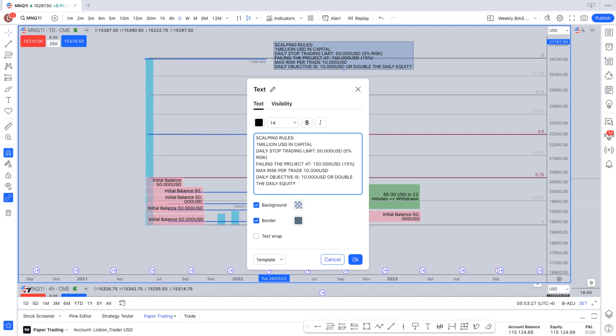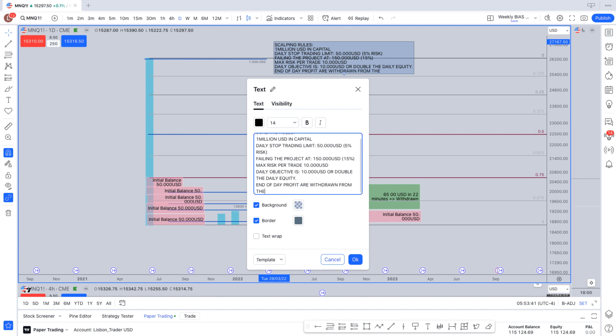The end of day profits are withdrawn from the account.